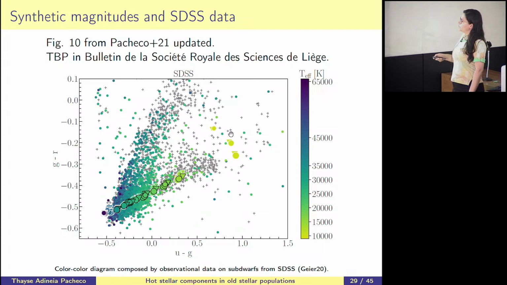We can see that our synthetic magnitudes are in fair agreement with this branch of the color diagram, the branch for single subdwarfs. And we have this upper branch here, which is the subdwarfs in binary systems.